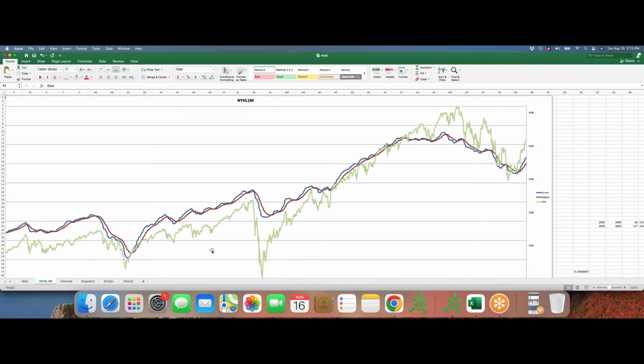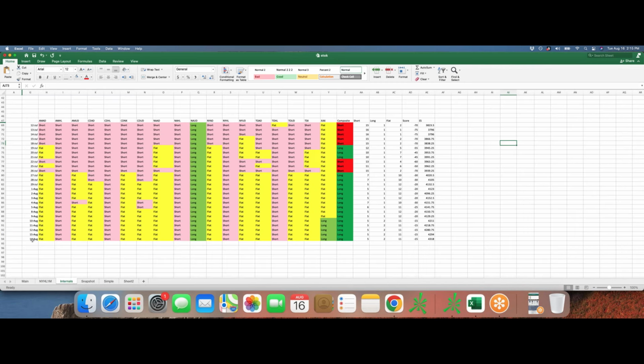So in order to avoid those issues, I had to add two other components to odds, of which internals was one, and the second one was a simple sentiment tool.